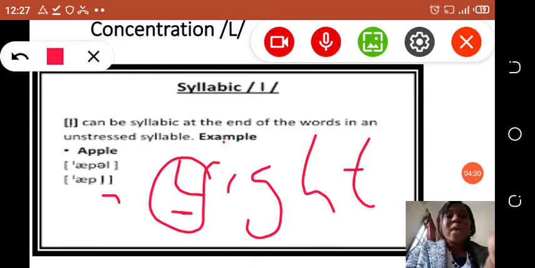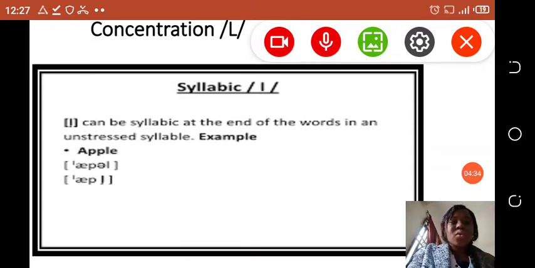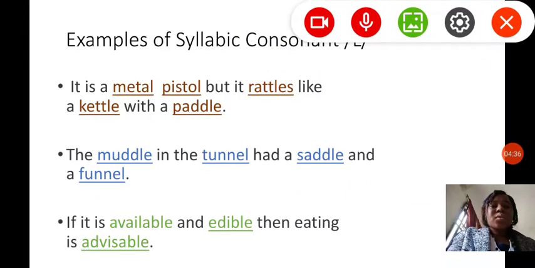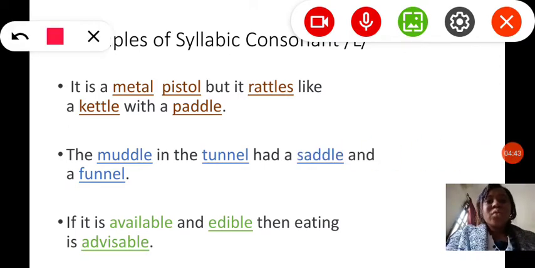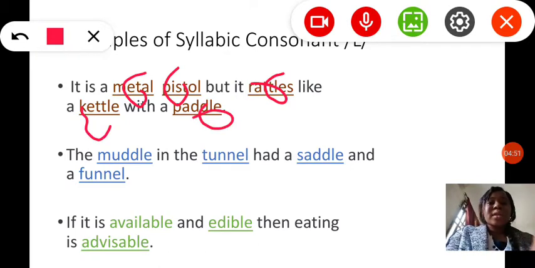We have more words. We are going to see subsequent examples as we go ahead. Now, look at examples of syllabic consonants. Look at the words written in different color. We have mental, pistol, rattles, kettle, paddle. Let's read the sentence.